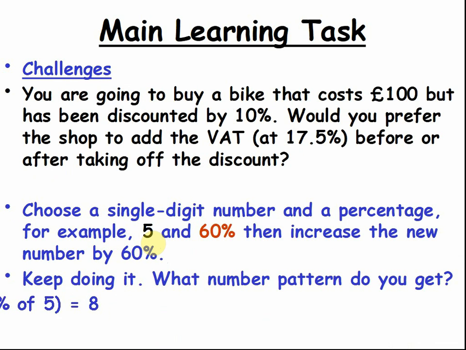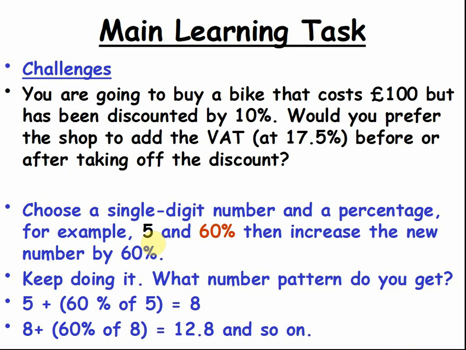Challenges. You're going to buy a bike that costs £100, but it has been discounted by 10%. Would you prefer the shop to add the VAT at 17.5% before or after taking off the discount? Pause the video and work it out.